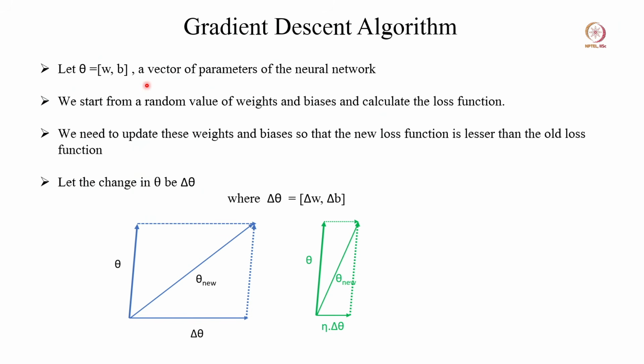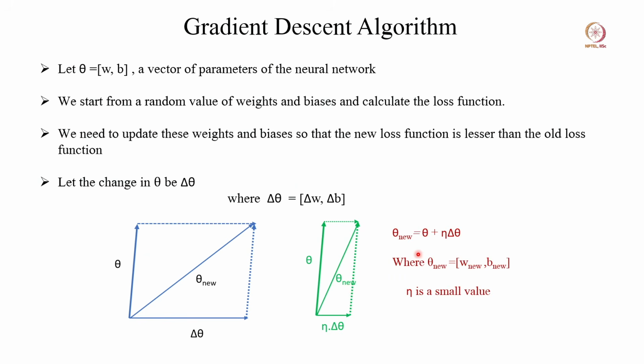Then I try to change the parameters a little amount, which is my delta theta, which is once again a vector of delta w and delta b, and then I take a small magnitude of that delta theta by multiplying it with a factor eta and then taking the summation, which is my theta new.